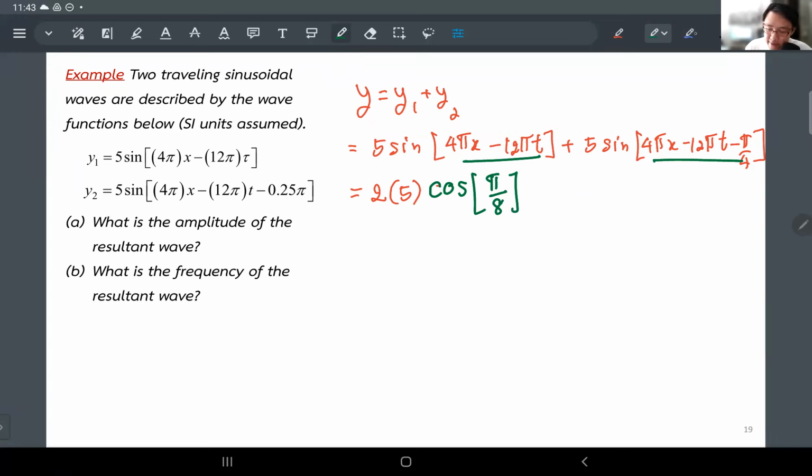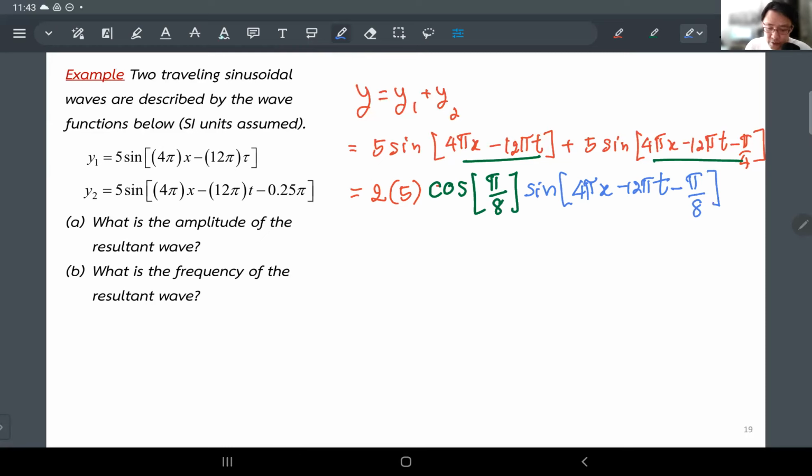And then I have another factor, the sine, followed by the sum over 2. The argument added over 2. So I have 2 of this green underlined portion over here, added and divided by 2. So I get the original back. So it's 4 pi x minus 12 pi t. And then I have negative pi over 8 here.